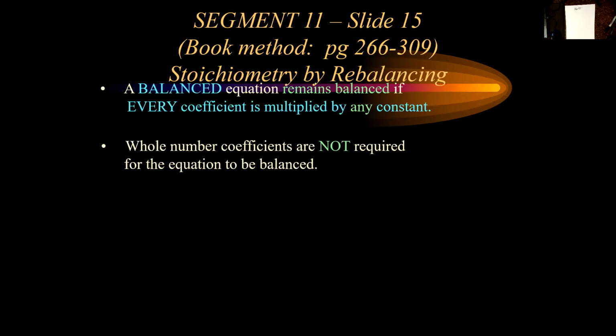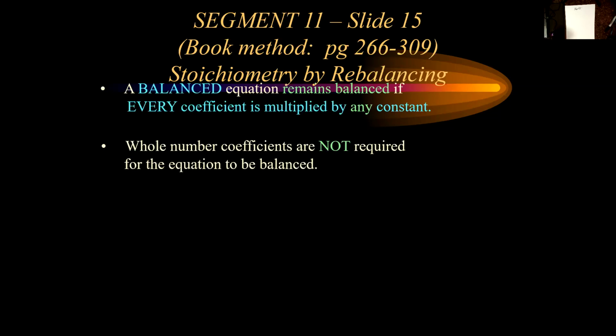And other professors feel like I do. We all require people to, if you've got an equation that's got all coefficients or even numbers, well, you can divide a 2 out of that and have it balanced again. But the truth of the matter is, a balanced equation remains balanced if every coefficient is multiplied by any number you want to.